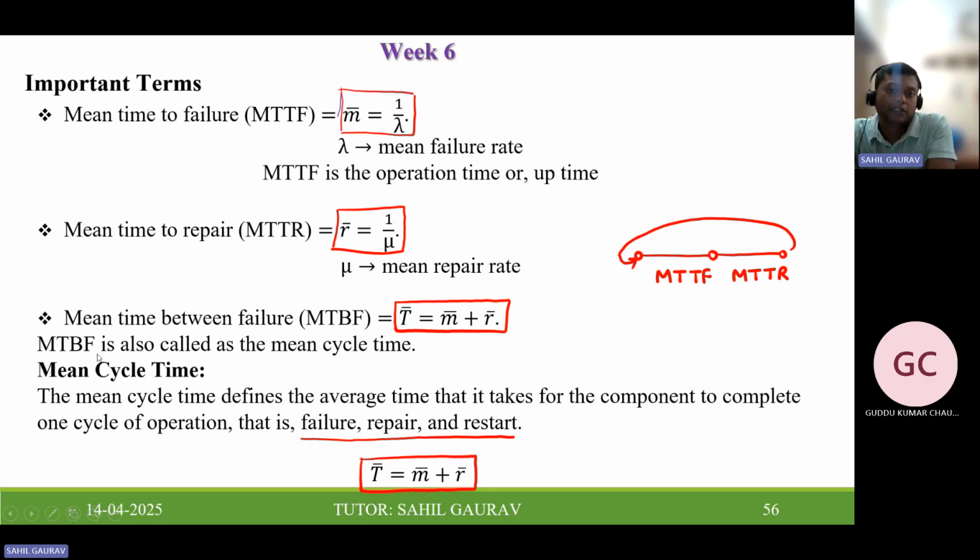Mean time between failure is the summation of mean time to failure and mean time to repair. So you can say that T bar equals M bar plus R bar. Mean time between failure is also called the mean cycle time, and the mean cycle time is defined as the average time that it takes for the component to complete one cycle of operation, that is failure, repair, and restart. So T bar equals M bar plus R bar.